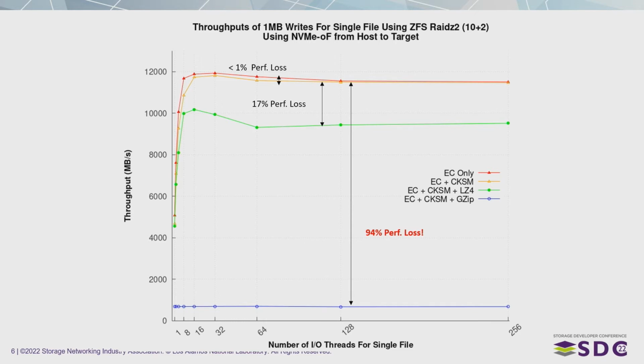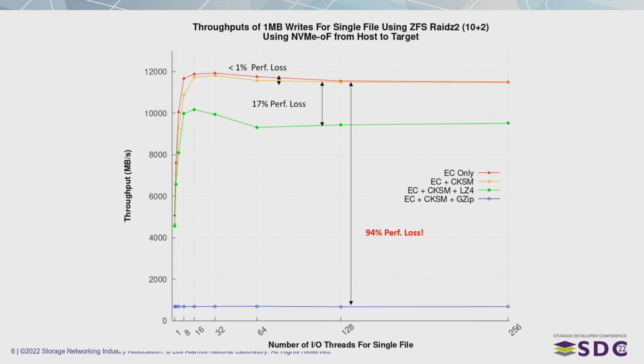However, as it turns out, LZ4 does not compress scientific data particularly well. Our data consists of very dense floating point numbers, which are known to not compress well, and we needed a better algorithm. The algorithm that we need to use is gzip. So we enabled gzip in our Z pool and ran our performance benchmark on it.